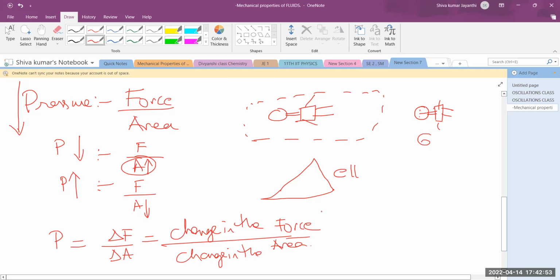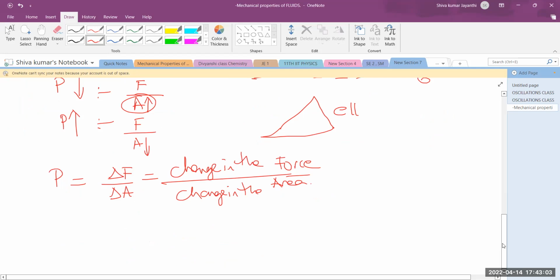This is one definition of pressure. Or the limit, so this is also simply change in the force by change in the area. So now you understood one thing. What is pressure? You understood.